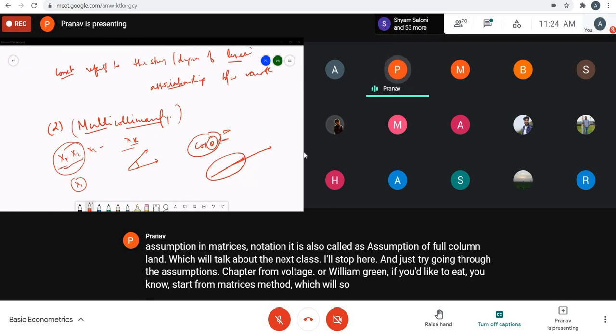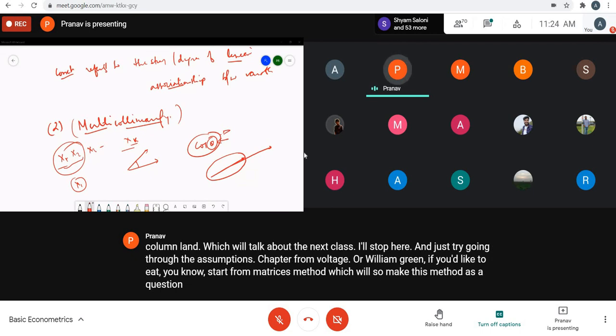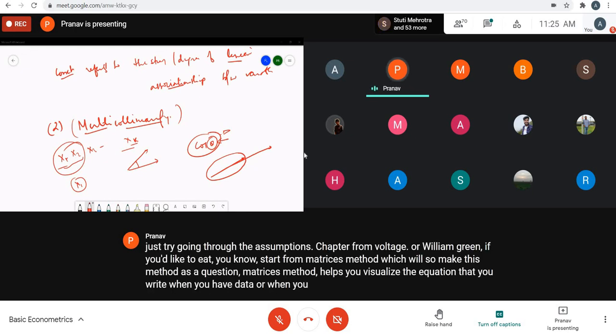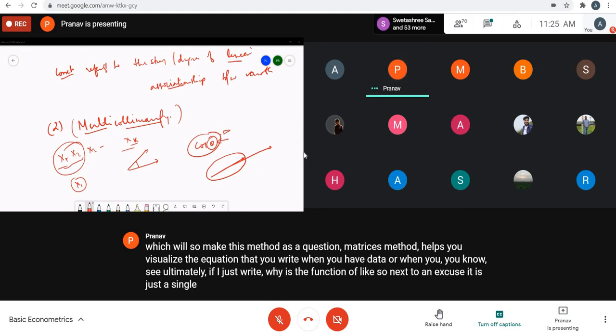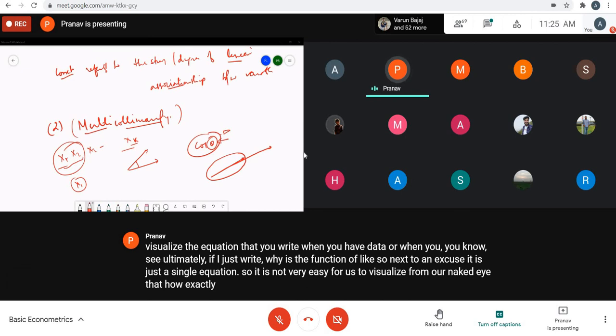So the matrices method is not something very skyrocket, it's not that complicated. The matrices method helps you visualize the equation that you write when you have data. If I just write y is a function of x1, x2, and xk, it is just a single equation. So it is not very easy for us to visualize with the naked eye how exactly this entire process goes on.